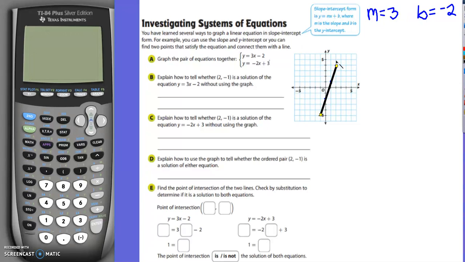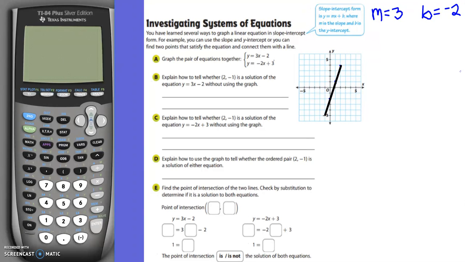All right, and now we can do the other line. The other line is going to have a slope of negative 2 and a b of 3. So I go up 1, 2, 3.